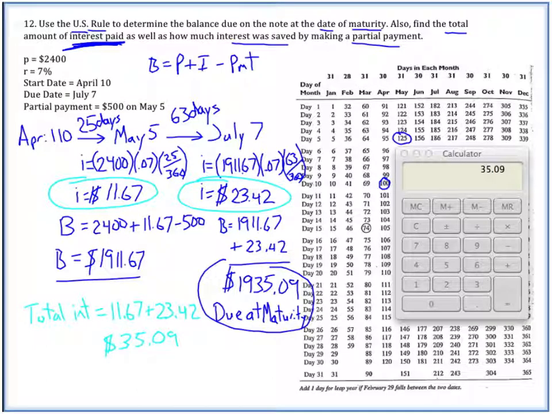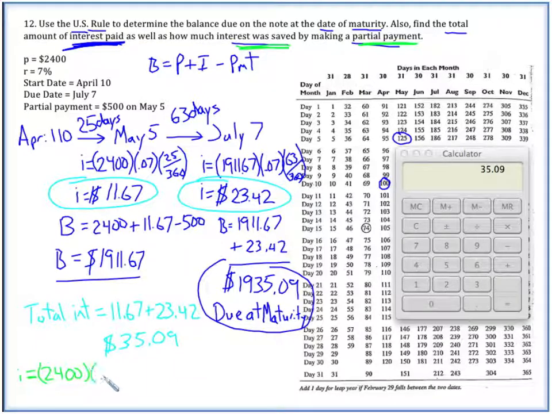And then the last question says how much interest was saved by making that partial payment. So what's the point of making a partial payment? Well, you end up saving interest in the end. So what we want to do is compare this total interest with the interest as if we never made that partial payment. Okay, so we would have had a principal of $2,400.